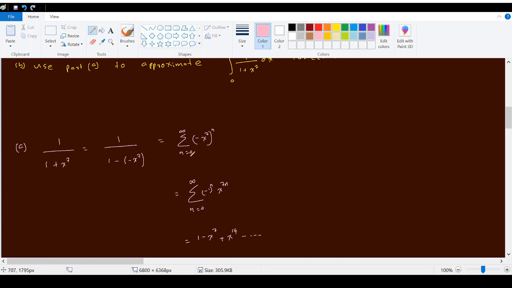And also you know that this whole thing is valid when the modulus of x to the power 7 is strictly less than 1, and that is the same as this one, right? The reason is you can write the modulus of x to the power 7 as the modulus of x, to the power 7.